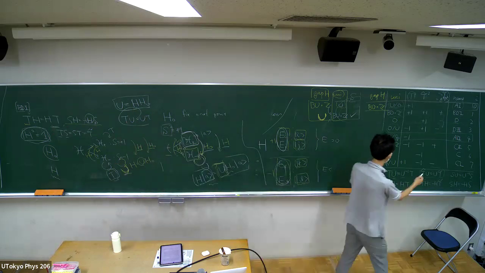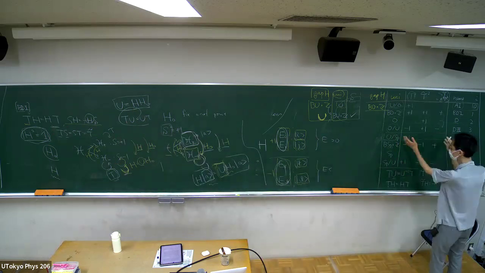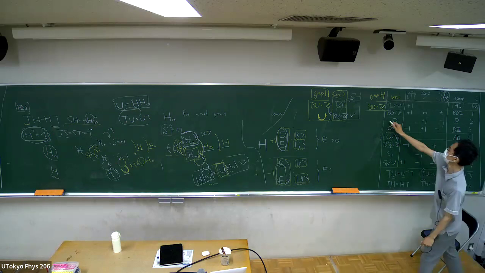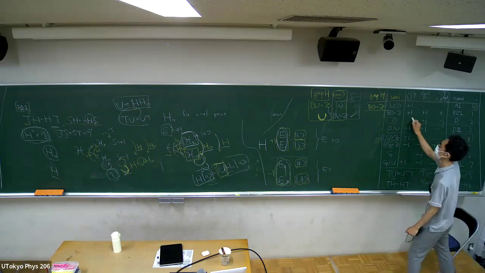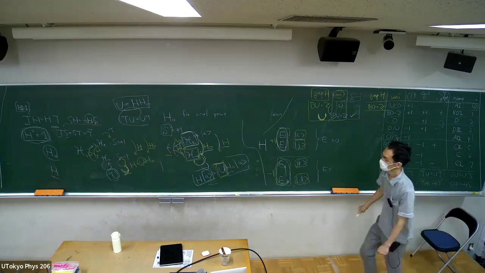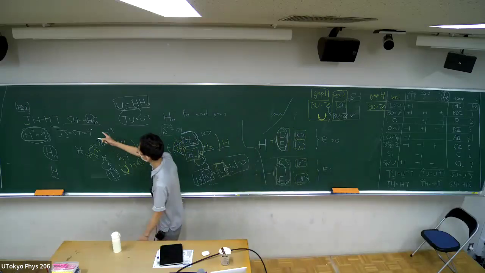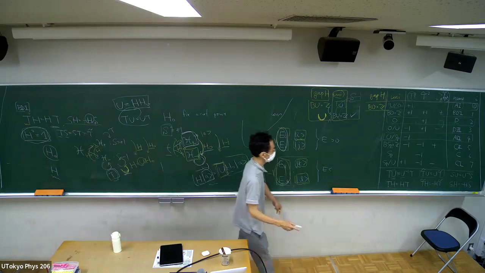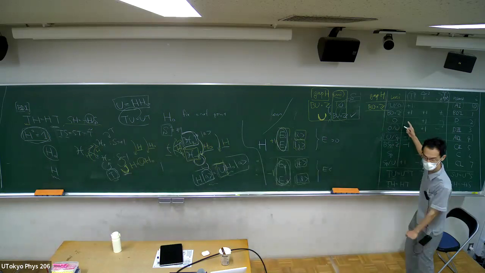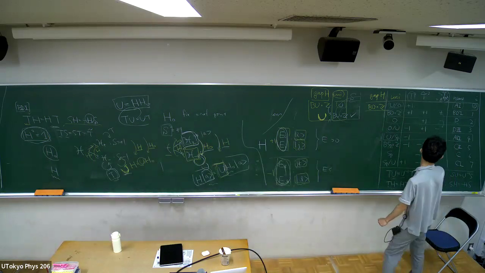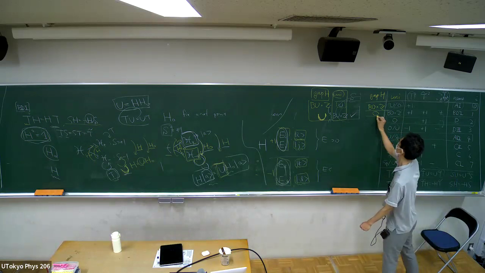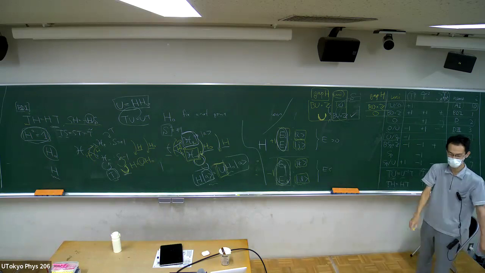So if you want to use this table, that T should be better for T twiddle. We found the class D problem. Therefore, the gapped Hamiltonian in class BDI is just a classification of the unitary in class D, and you get the answer O. I'm not going to repeat what I said.